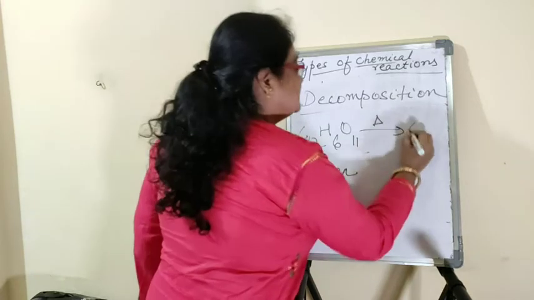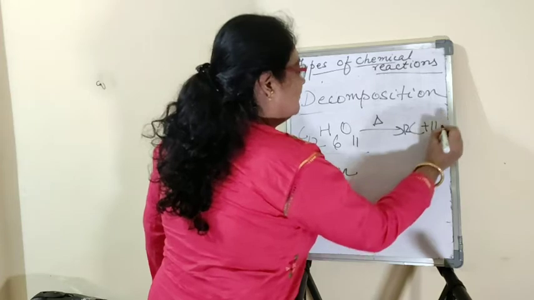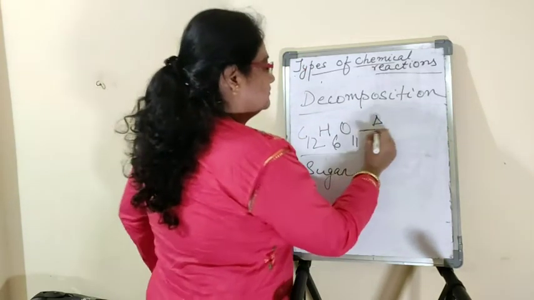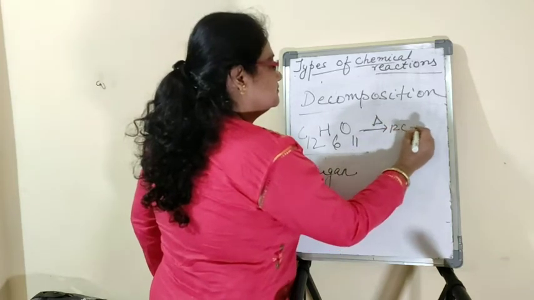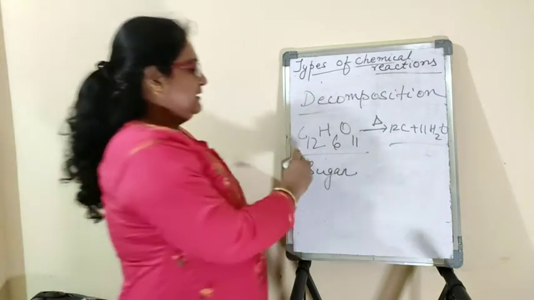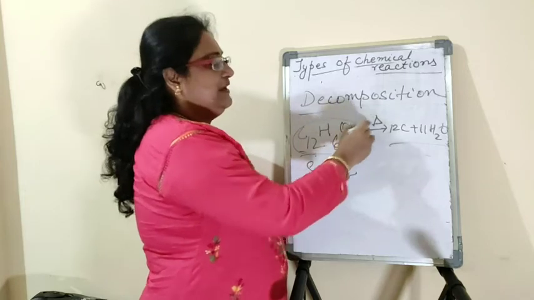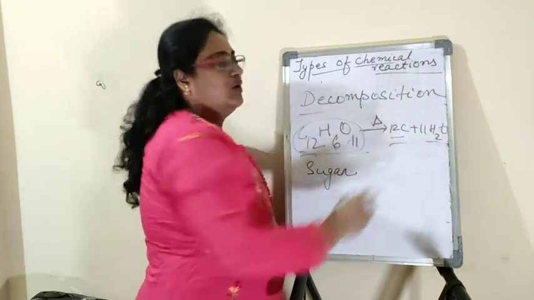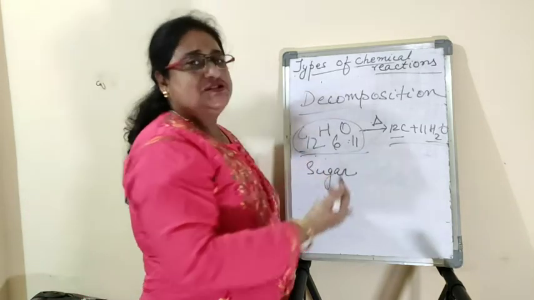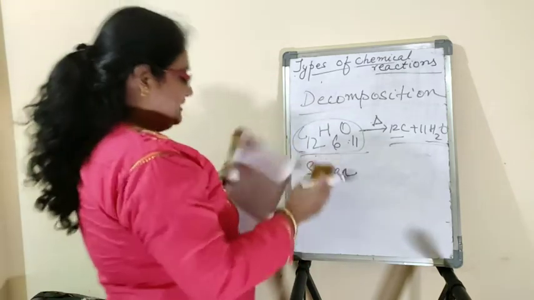So 12 molecules of C and 11 molecules of H2O are formed. Here the single reactant, the sugar, breaks down after being heated into carbon and water. Get it? This is just the opposite of the combination reaction. Clear?